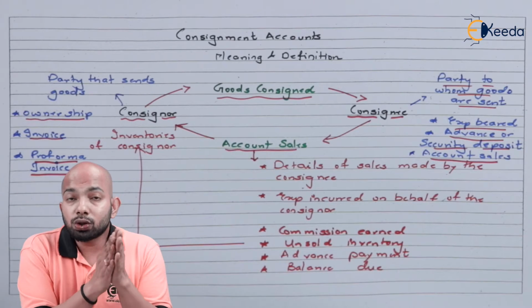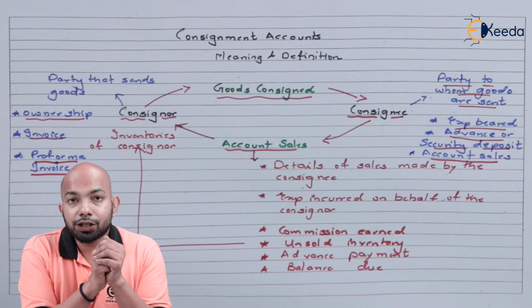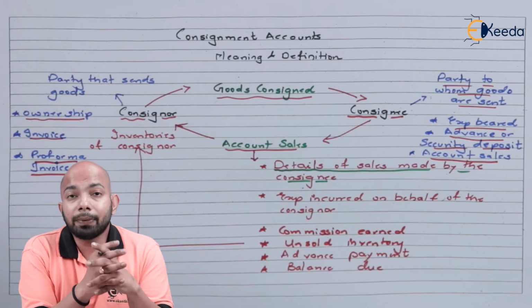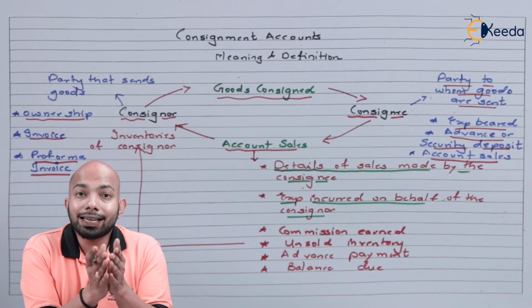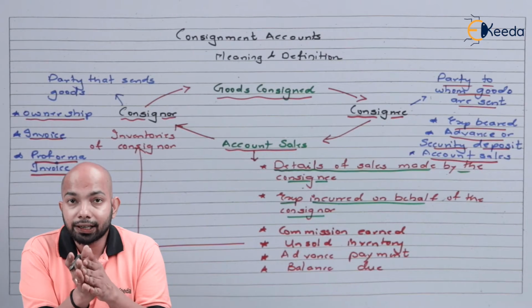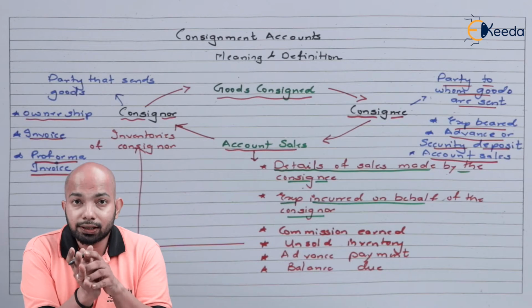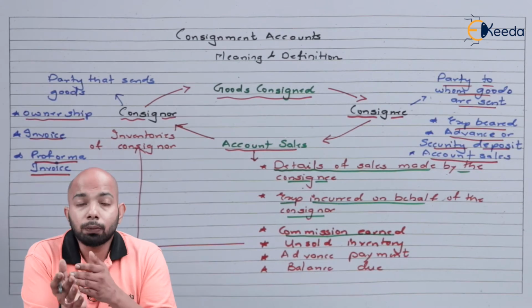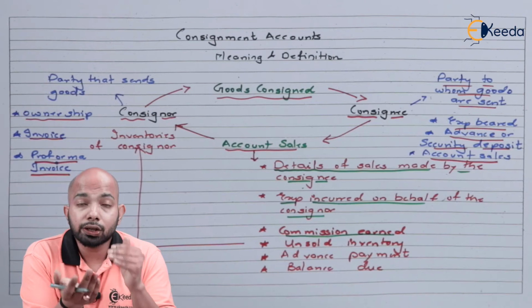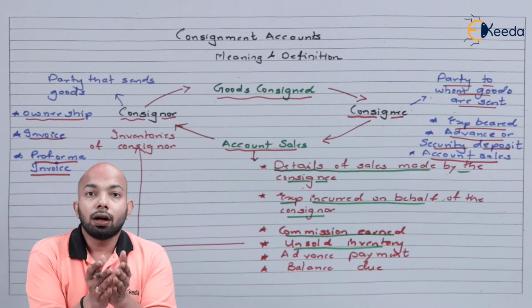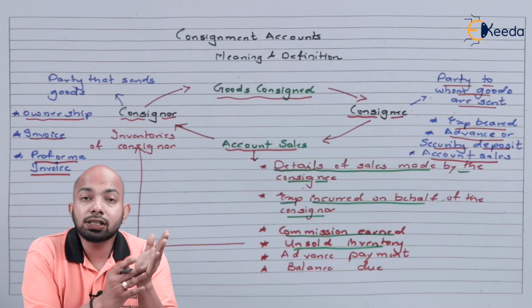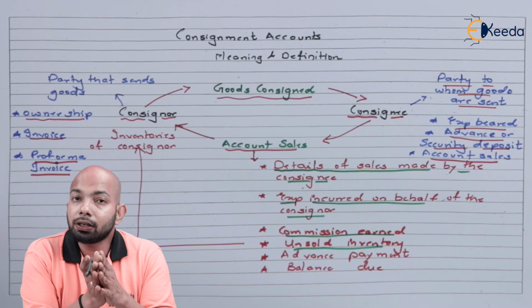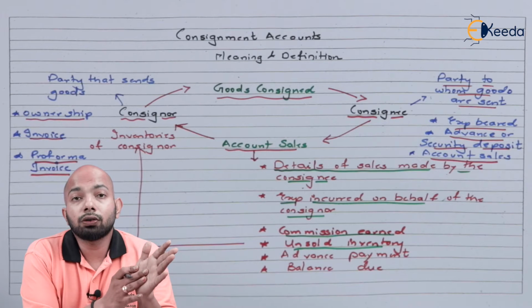Now when we speak about account sales, there are certain details that are mentioned in it. Account sales includes the details of the sales that are made by the consignee. The expenses that are borne by him on behalf of the consignor are also a part of that account sales. The commission earned by him by making that sale, at whatever percentage they might have agreed to, is also a part of it. Unsold inventory, which is sent back to the consignor after that periodic interval is closed out, is also a part of the account sales.